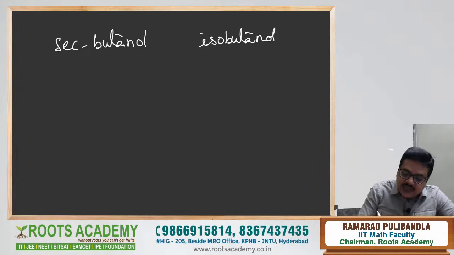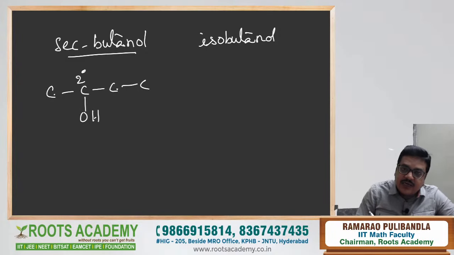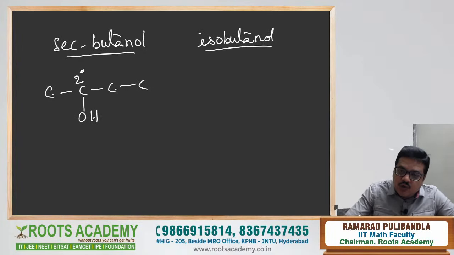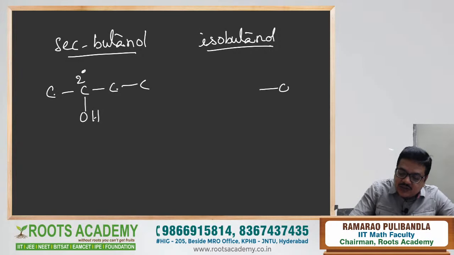Because secondary butanol means a carbon connected by OH which is attached by two more carbons is called secondary. Iso means OH attached to a carbon which in turn is attached by other carbons. This is called iso.